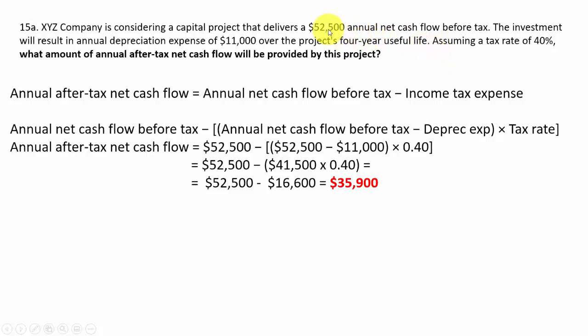They've given you the annual net cash flow before taxes, which is a positive $52,500. And the way they got this number is to take all cash revenues and subtract all cash expenses. And when they took all the cash revenues minus all the cash expenses, they've got a net cash flow before taxes of $52,500.